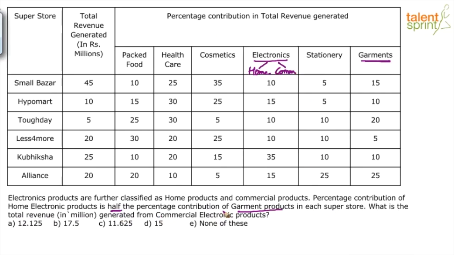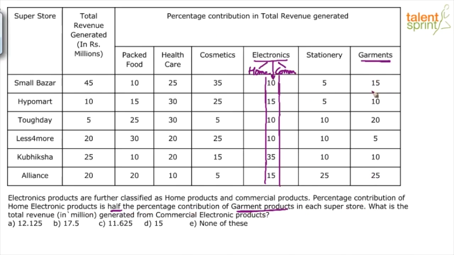So how do we do this? Look at this. See, I'll divide this electronics section into 3 parts. Home electronics. The third part is commercial electronics. And the middle part is total electronics. You're able to follow. This is total electronics. This is home electronics. This is commercial electronics. Now the question said that the percentage contribution of home electronic products, that means this first column, is half the percentage contribution of garment products in each superstore.